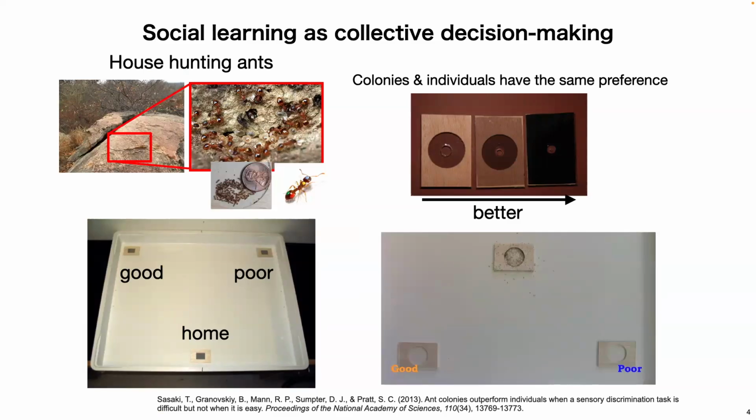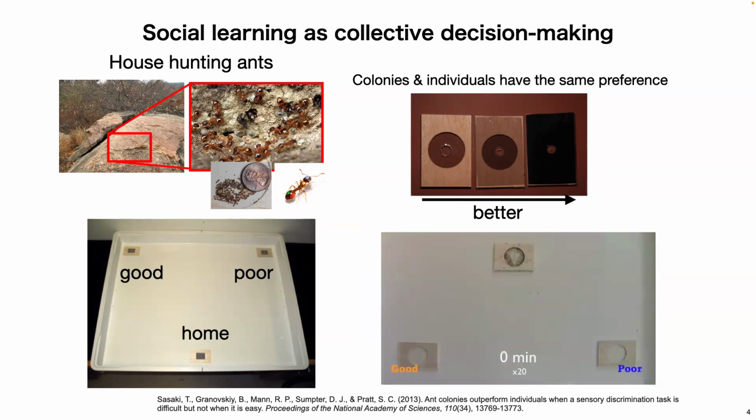For example, this ant species, Temnothorax I guess, is a house-hunting ant. When unfortunately their nest is broken, they're forced to move to a new nest. This is the kind of experimental task built by Takao Sasaki. That's the nest of the ants, and they are looking for a new nest. By showing this task, we can study collective decision making in the format of a discrete choice task.